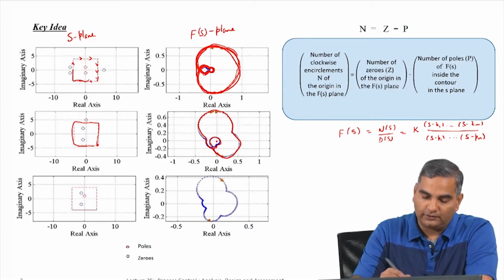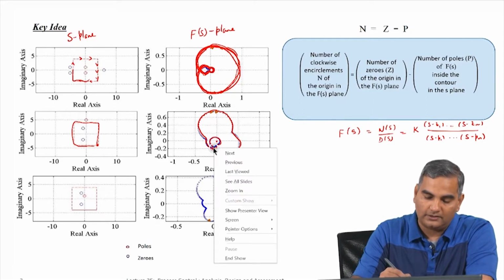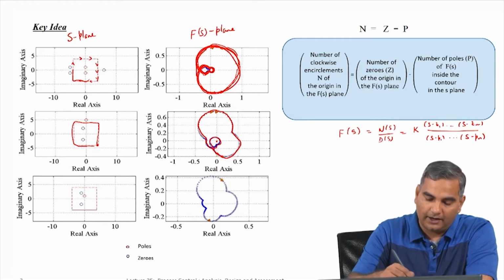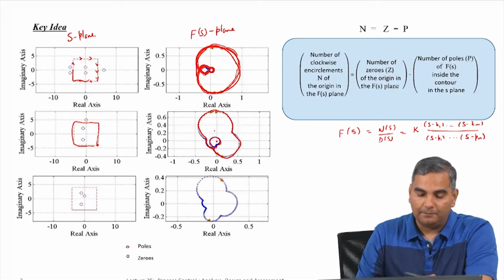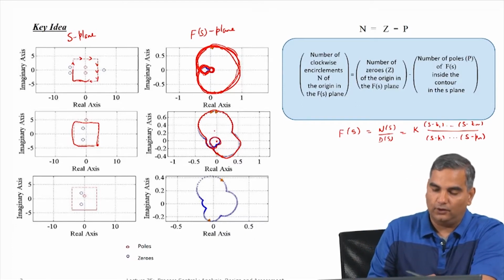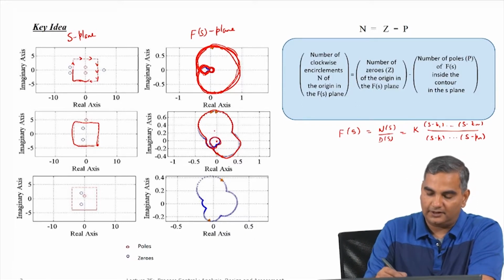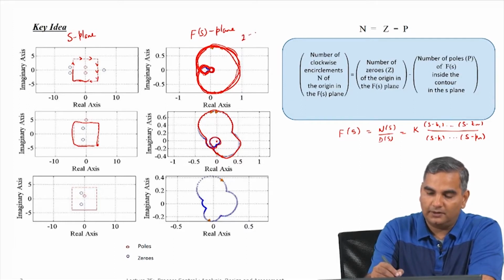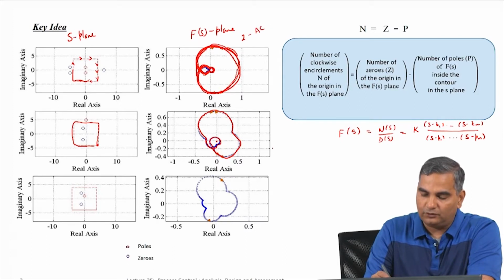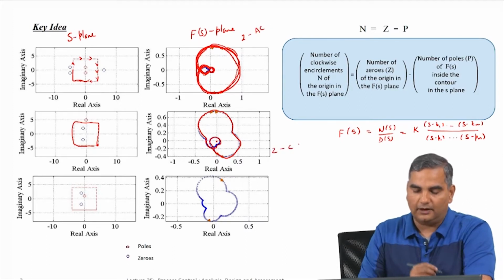Now, if you notice, after making one encirclement, I come back again and make another encirclement of origin, and that is also in clockwise direction. So, if you were to look at all these encirclements, and that is where these arrows are given. So, this is 2 encirclements, however, it is in anti-clockwise direction. Here I have 2 encirclements in clockwise direction.